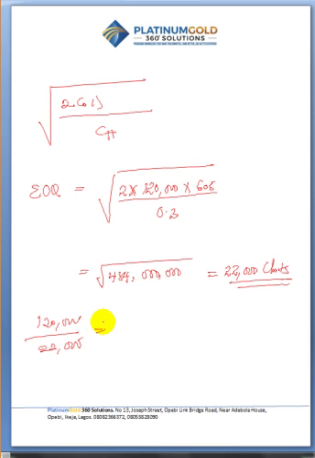The number of orders in a year, 120,000 divided by 22,000, is 5.45. So the number of orders is 5.45 per year.